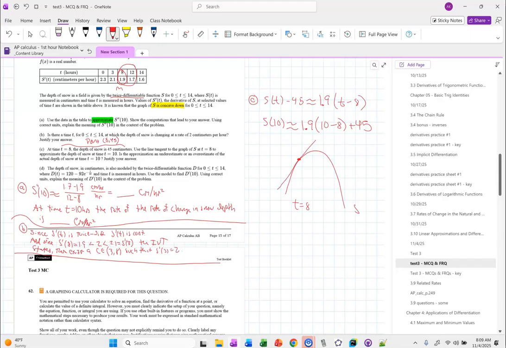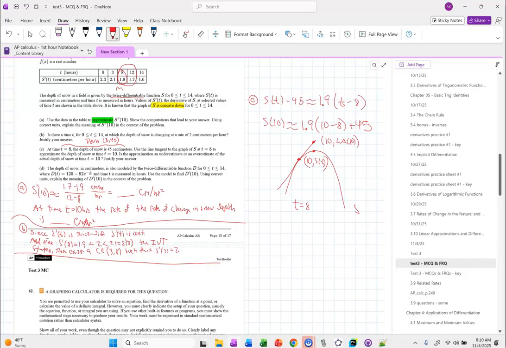We draw our tangent line, it's going to look like that, right? So this point here would be 10, comma, our linear approximation at 10. And this point would be 10, comma, S of 10. So is our linear approximation an overestimate or underestimate? It's an overestimate, right? Because it's higher than S of 10 should be.